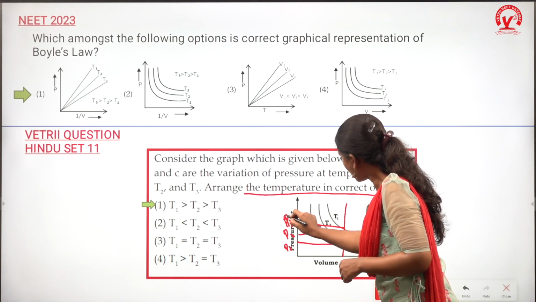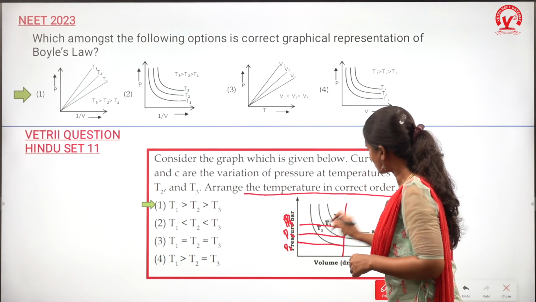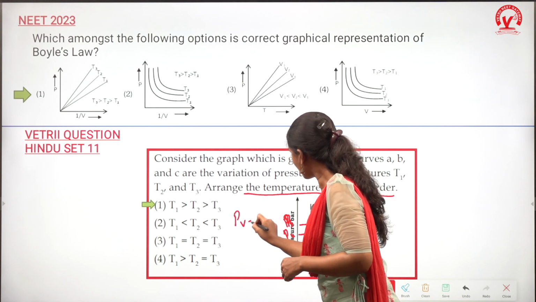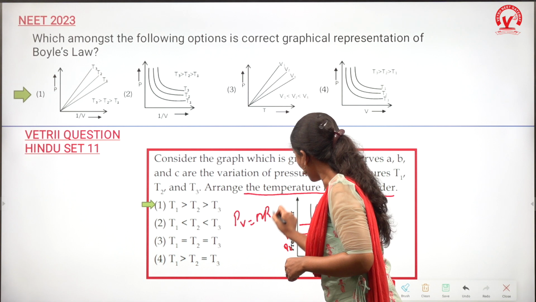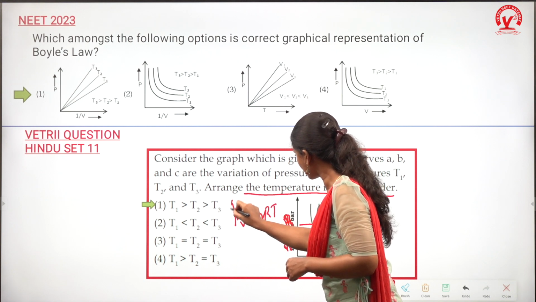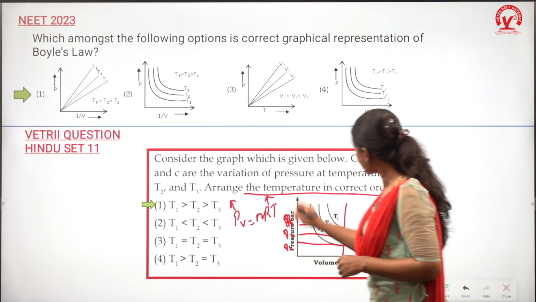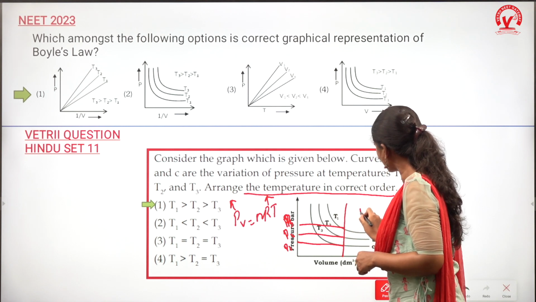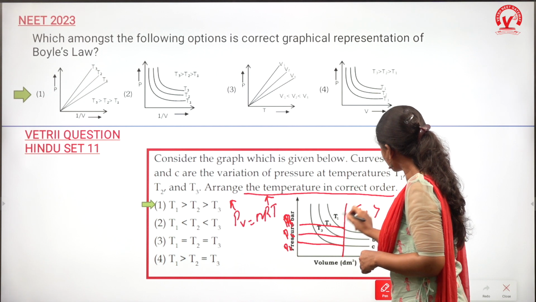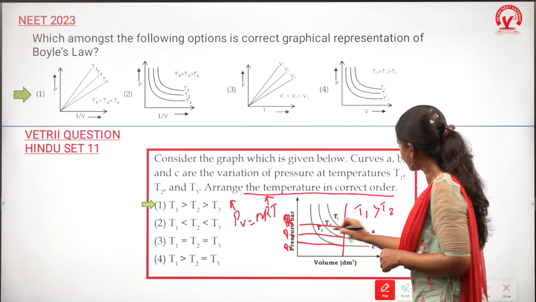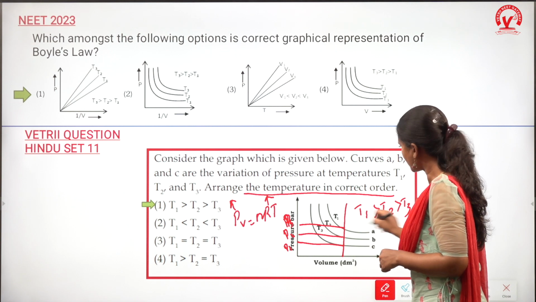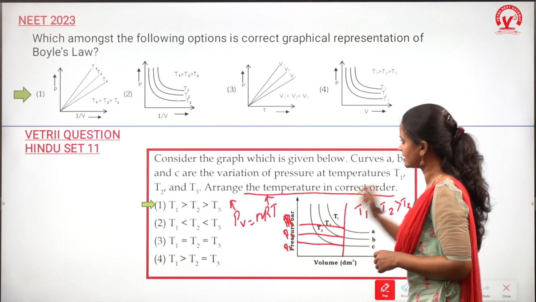If the pressure increases, temperature also increases according to PV equal to nRT, the ideal gas equation. So P3 is directly proportional to T1, P2 is directly proportional to T2, and P1 is directly proportional to T3. Here the correct order is T1, T2, T3.